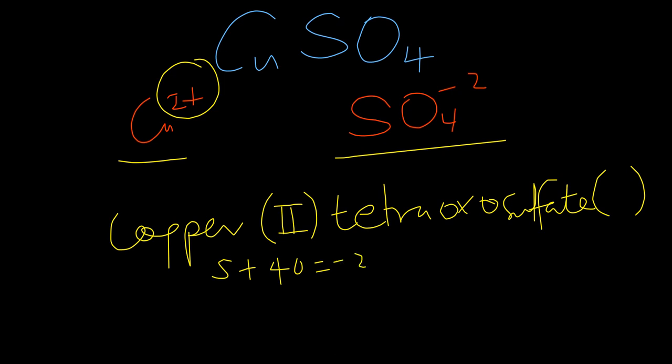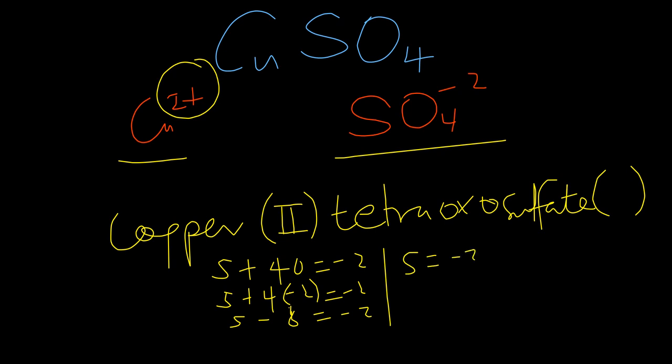Sulfur plus 4, the charge of oxygen is minus 2, equals minus 2. So that will give us sulfur minus 8 equals minus 2. So this will give us the sulfur equals minus 2 plus 8. So the oxidation state of the sulfur would give us positive 6, which is VI. So that's what we're going to write in the parenthesis. So that would be VI.